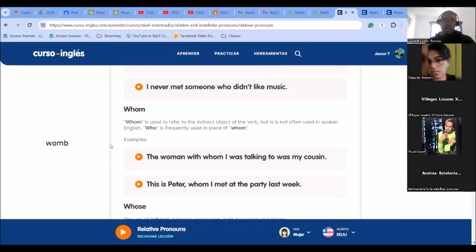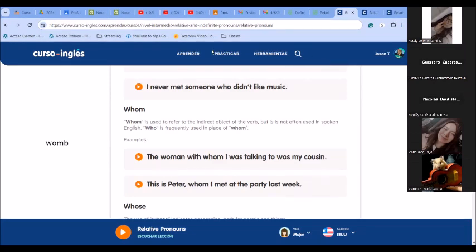Try again, Andy. Whom. There you go. Good. Womb is where babies are fertilized and develop inside their mummy's tummy. So that's a womb. But when we talk about objects of the sentence, indirect objects, we use whom with a WH sound.